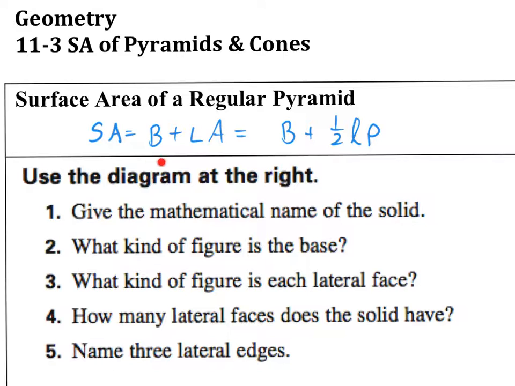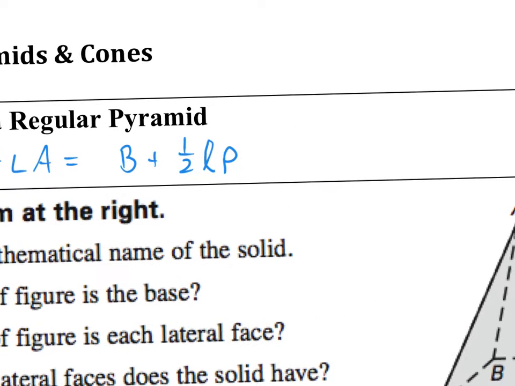Now, we have to know what these things mean. Of course, capital B means the area of the base. Lateral area means everything else. So we're adding something plus everything else. So something plus not something gives you everything. Now, the lateral area, as we are going to see in a moment, is going to be 1/2 what's called slant height. So let's make sure that this slanted L here is called the slant height.